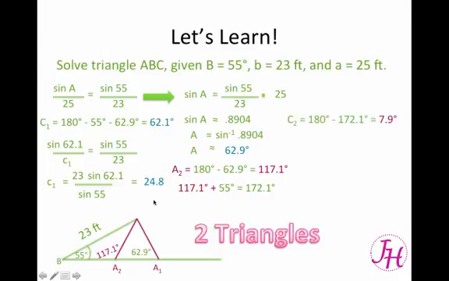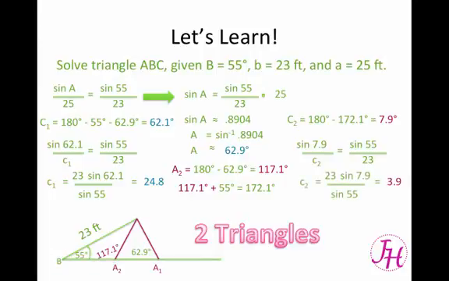All right, so now we have the second triangle. And we know that our angle measure for the second triangle was 117.1, and then when we add that 55, we got 172.1. So these two together are 172.1, which leaves this one to be 7.9. Then we can set up our law of sines to find this side C right here, and we get 3.9.